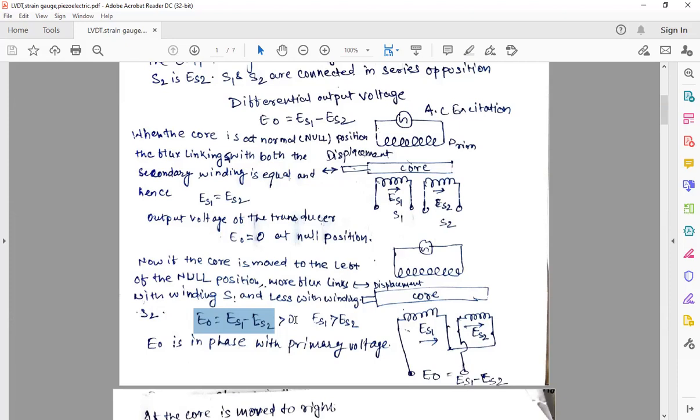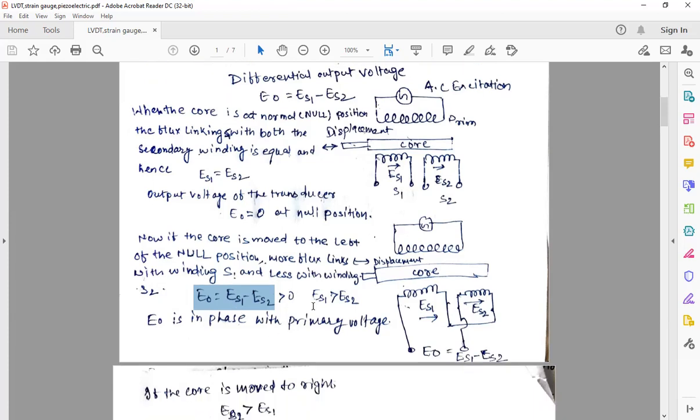Due to this reason, part of the secondary winding, that is S2, is not linked with the transformer core. That's why the flux linkage in the primary-side winding ES1 is more compared with ES2, and that's why there is an output across the LVDT.